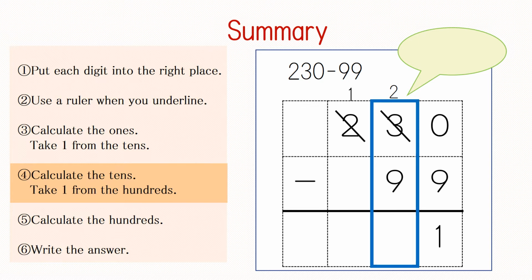And write 1 over the 2. 1, which is taken from the hundreds, is equal to 10 in the tens place. So now we can calculate the tens. 10 minus 9 equals 1. And 1 plus 2 equals 3. Write 3 to the tens place.